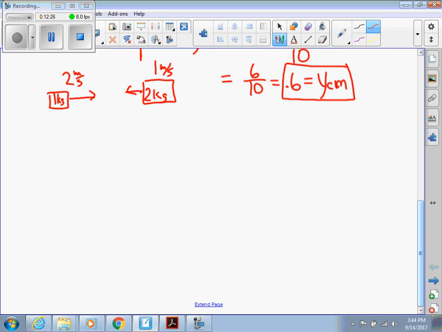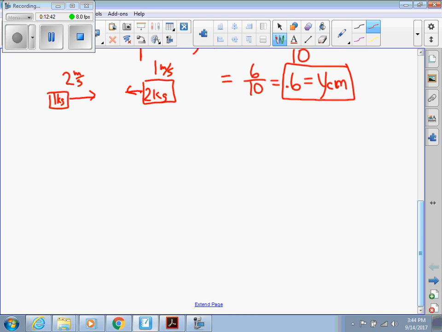We can't look at the center of mass for the object because the objects are moving. But if we look at this whole system, we can find the center of mass of the system.